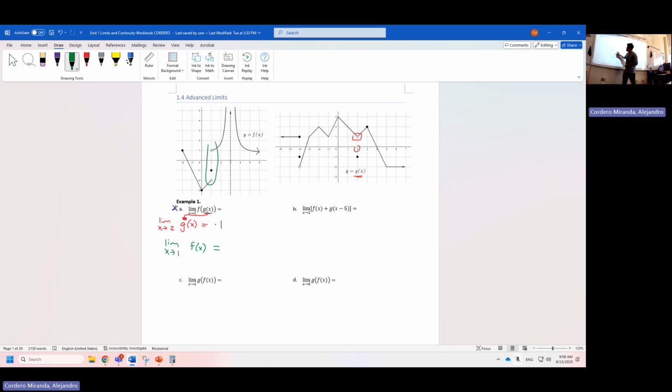So G approaches 1, look at this. I come in from the left, it's coming in from numbers above 1. Okay, all right. I come in from the right, it's also coming in from numbers above 1. So what I'm saying is, in this very strange case, this is the trickiest one of all of them, I swear. In this very strange case, G is not just approaching 1 in any arbitrary way. It's approaching from above on both sides.